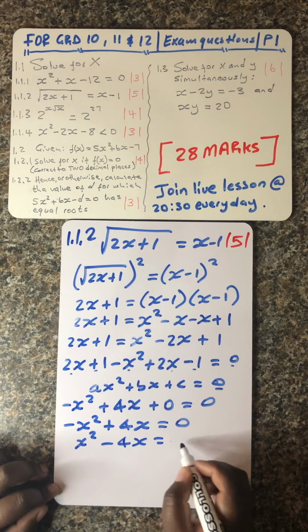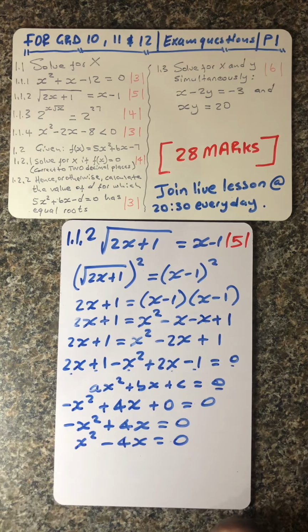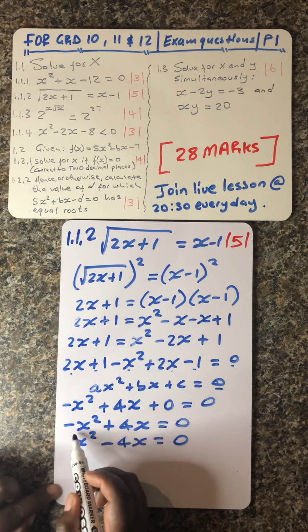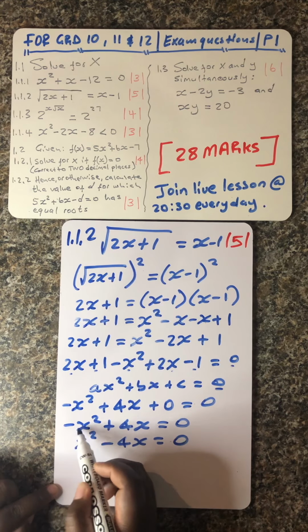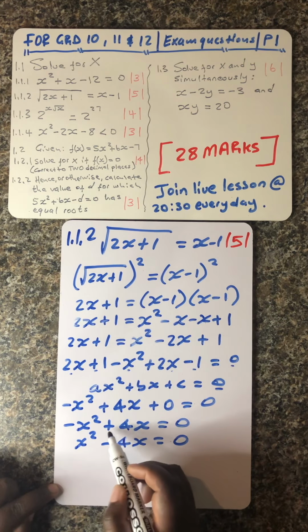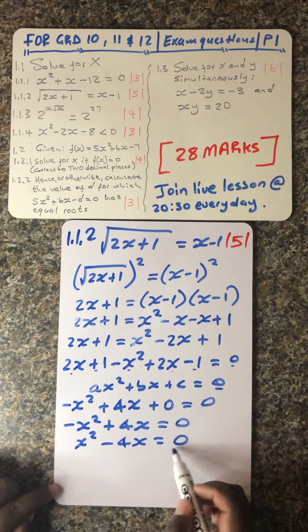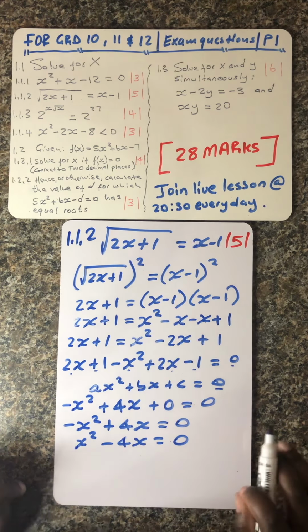Negative 0 or positive 0, it's one and the same thing, so you just write 0. One may say you divide each term by negative 1, so negative 1 divided by negative 1 is positive 1, 4 divided by negative 1 will be negative 4, 0 divided by negative 1 will be 0. You can still punch it on a calculator and verify.